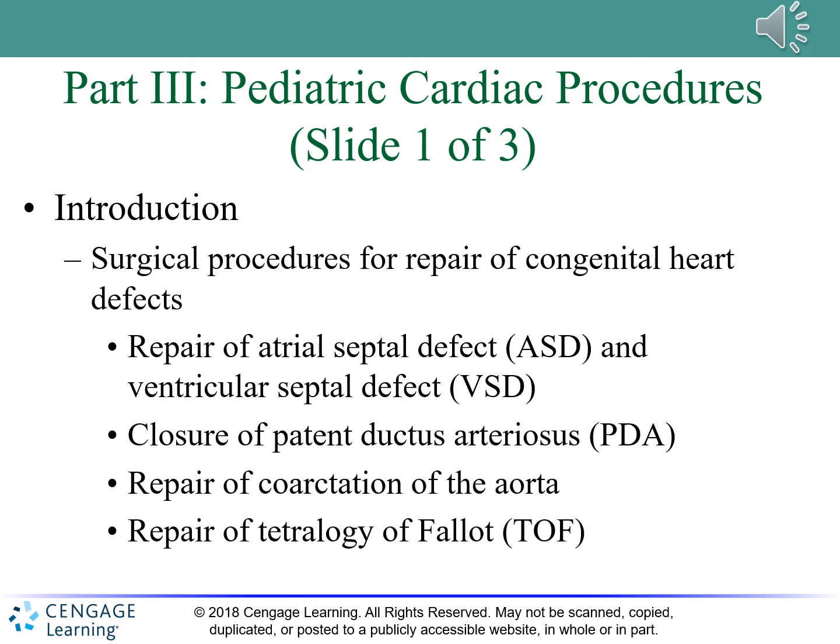So the first procedure on 1070 is the repair of atrial septal defect, or ASD. An ASD is an abnormal opening in the wall between the two atria. There are three types of ASD. There's the ostium secundum, sinus venosus, and the ostium primum.